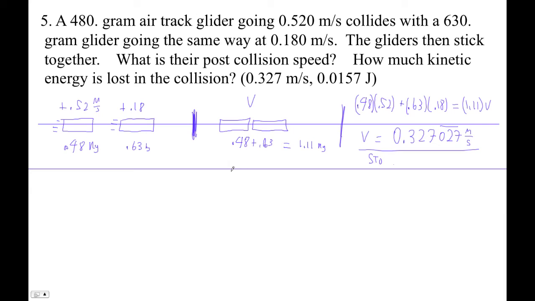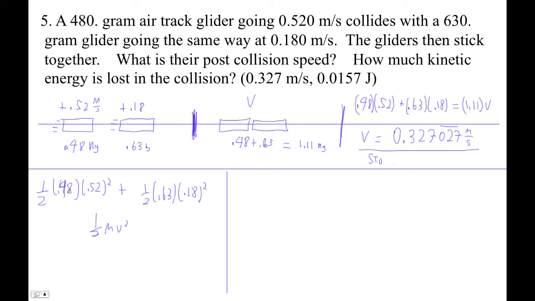Okay. So now we want to figure out the kinetic energy before and after, right? Before it's just 1/2 0.48 times 0.52 squared. Don't forget the formula for kinetic energy, right? And then it's 1/2 0.63 times 0.18 squared, right? The formula we're using is 1/2 mv squared, right?